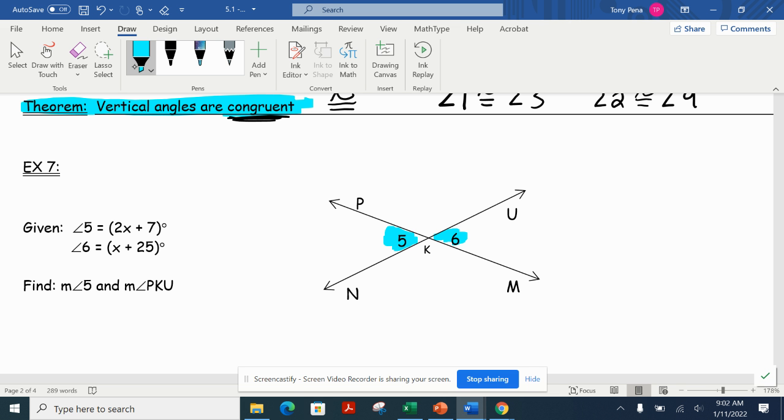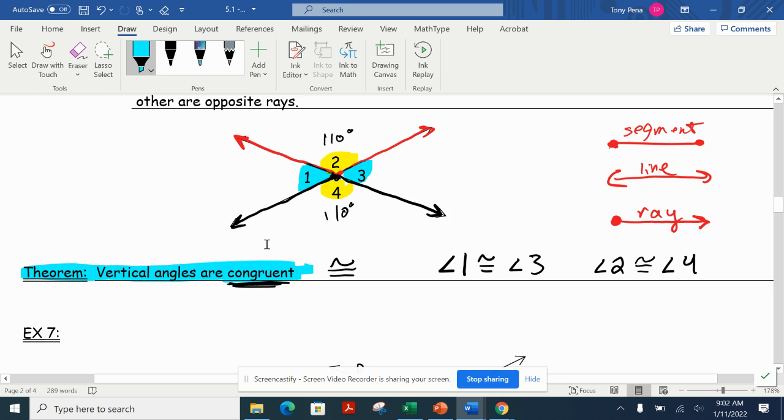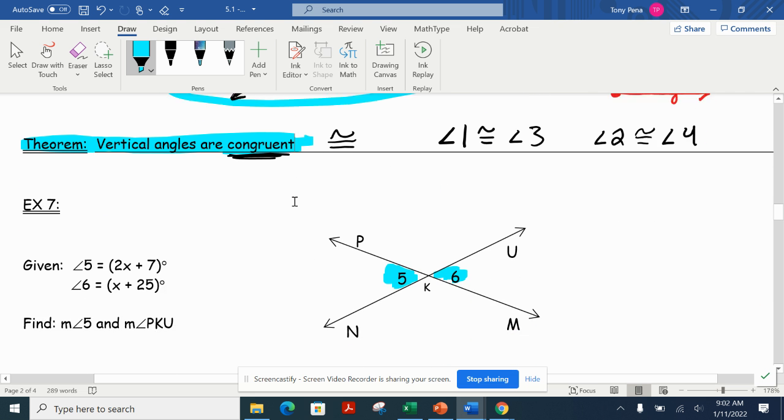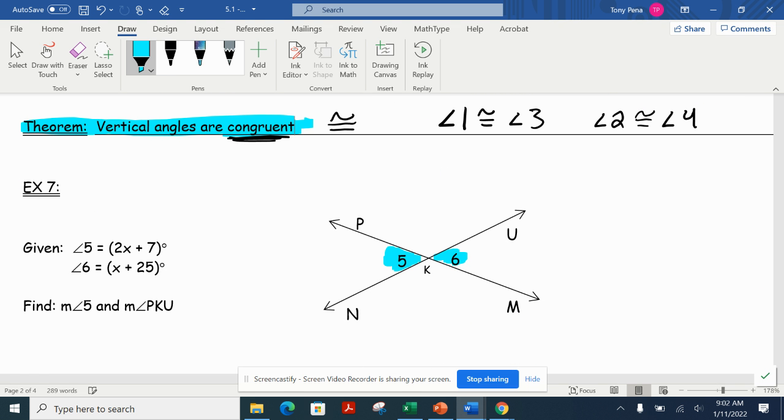What we hopefully recognize is this is the same exact drawing that we had right here. We have vertical angles in angles 5 and 6. Our theorem is that vertical angles are congruent, so angle 5 is congruent to angle 6. Those have to have the same degree measure.